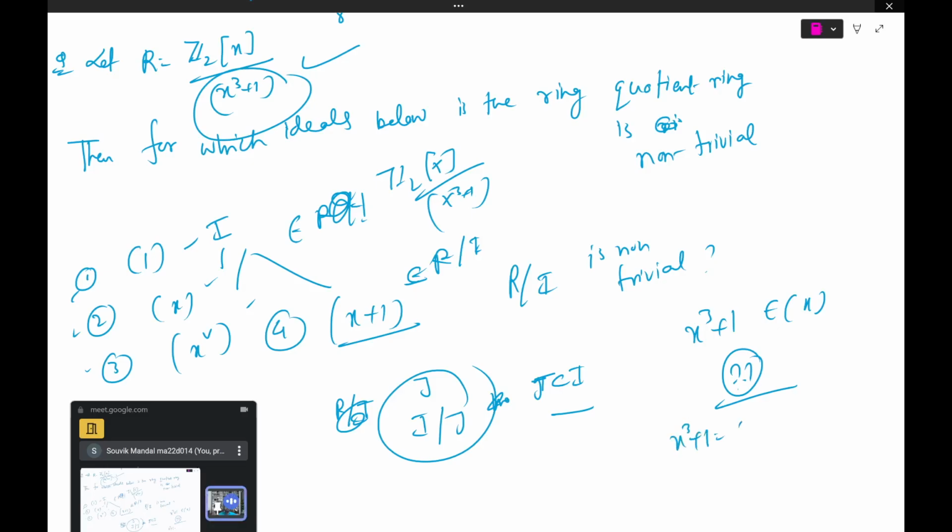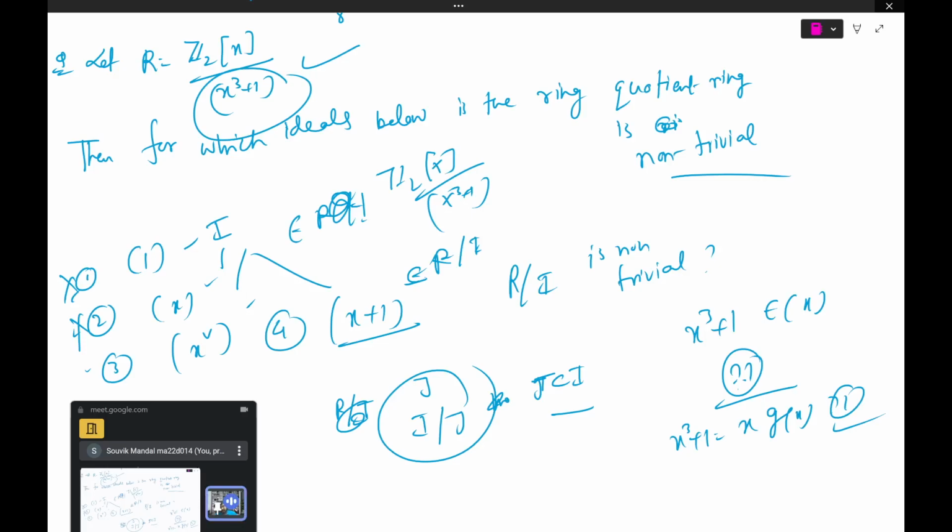Is it possible to write x cube plus 1 equal to x times some polynomial g of x? No, it is not possible, right? So the ideal generated by x, option 2, is out. And option 1 is out because we need to find something non-trivial. So now options 3 and 4.